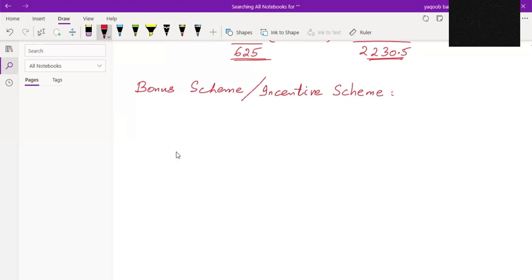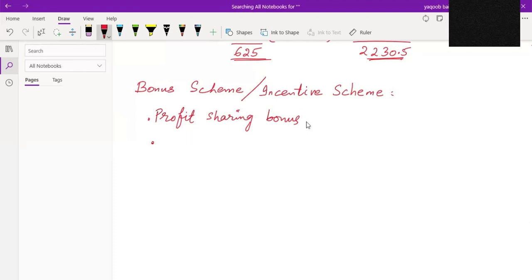There are different types of bonus. First one is called profit sharing bonus. Profit sharing bonus is the one where bonus is payable on the basis of profit or if we earn profit.